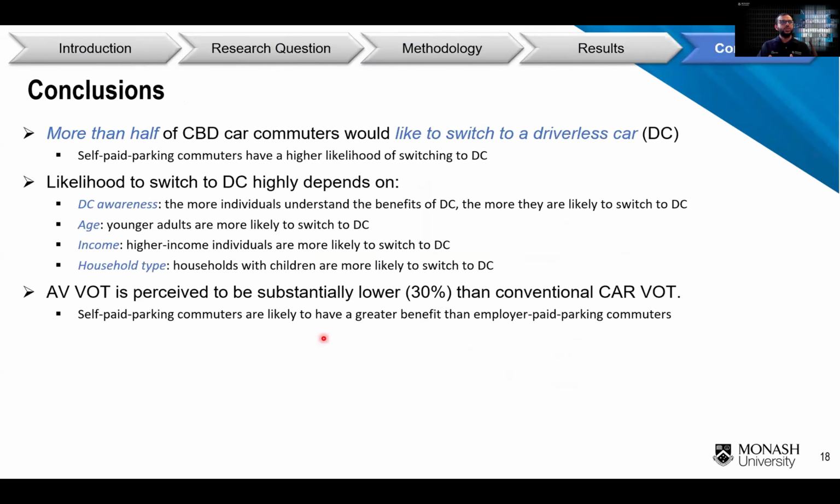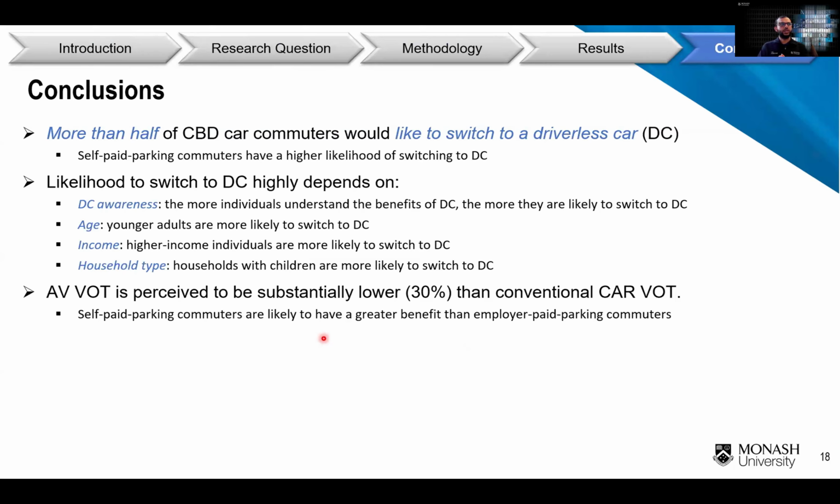Now, what does this actually indicate? So we found that more than half of the CBD car commuters in Melbourne would like to switch to driverless cars. And parking payment characteristics have a significant contribution towards this likelihood.